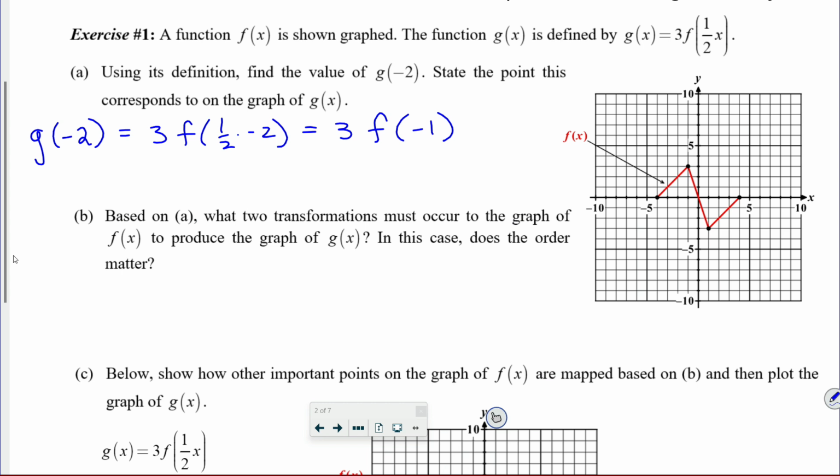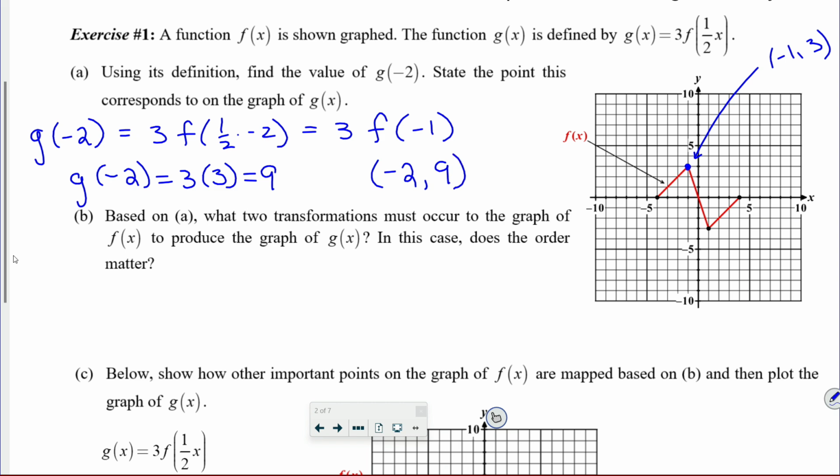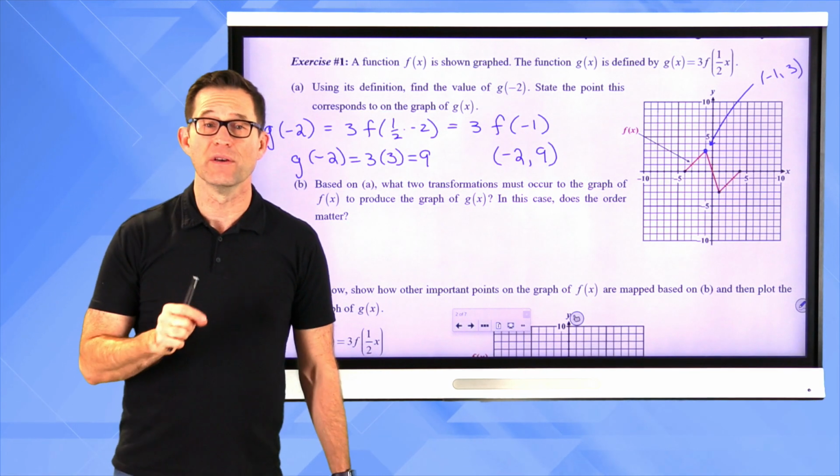Now, to figure out what f of -1 is, we come over to the graph and note that the point (-1, 3) lies on the graph, so f of -1 is equal to 3. So g of -2 is 3 times 3, and that gives me 9. Now that means that the point (-2, 9) lies on the graph of g of x.